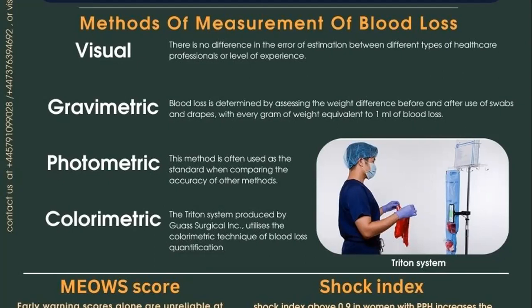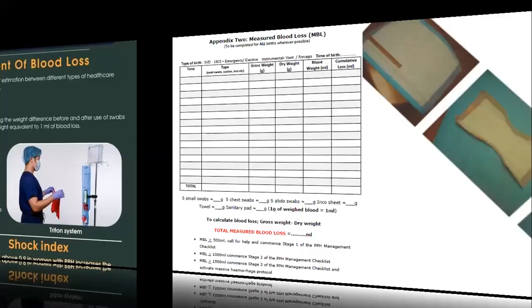The gravimetric method depends on assessing the weight difference between the drapes and the swabs you are going to use before and after the operation or labor. Every gram of weight is going to be equivalent to 1 milliliter of blood loss. There is also the volumetric method.